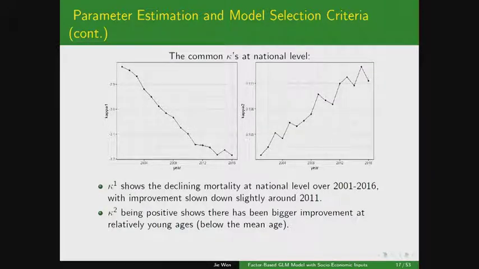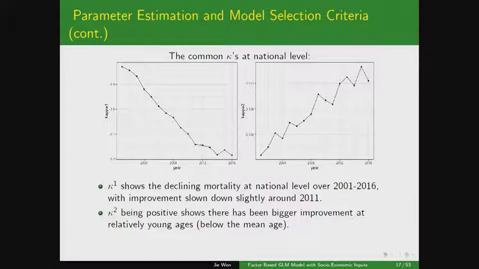So first of all, let's look at the estimated kappas. What do the national level kappas look like? There's nothing surprising at all. Kappa 1, which is the baseline period factor of national level mortality, decreases over time, which shows the mortality improvement over the most recent years.